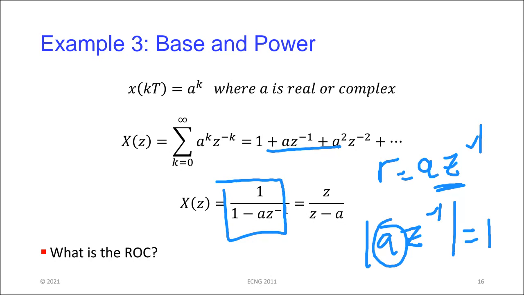Just flip it around. What you're saying is A over Z equal to 1. Therefore, if you flip it around, mod Z has to be equal to A. So that's a circle of radius A now.